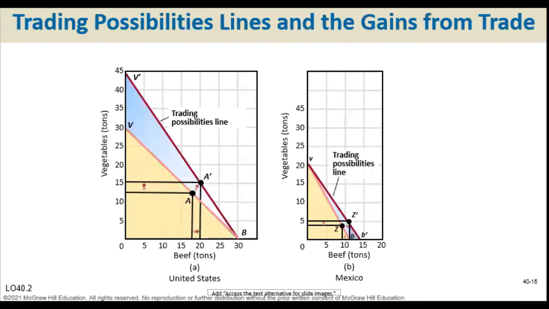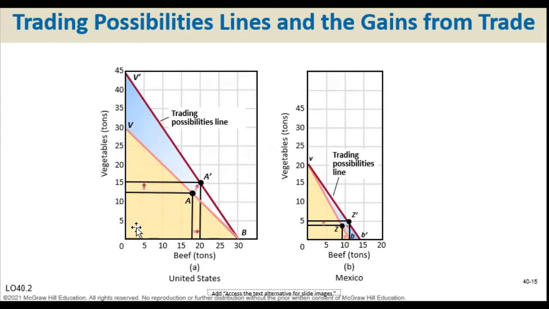So we're going to look at it on the graph. You can see that in these two graphs, the maximum production line of each country, United States and Mexico, has rotated outward, right? The original production possibility line.